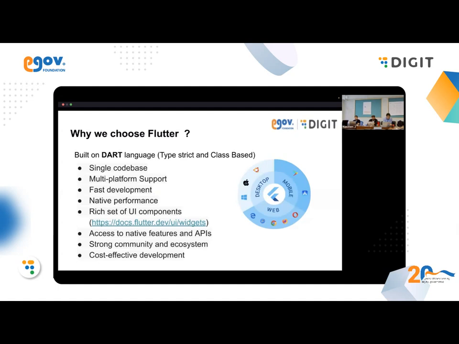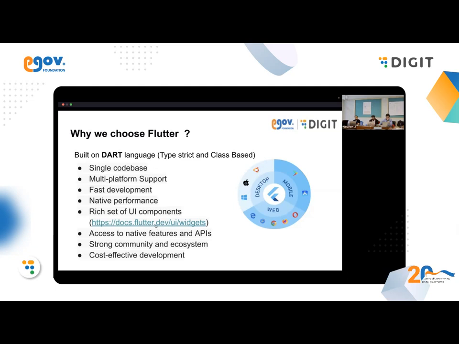And we have a predefined set of widgets. Widgets are nothing but components, you can say, with respect to web technology. We also have native support for APIs, such as camera or geolocation. That will be supported by Flutter itself. And it has a strong community base. As the development effort is less, it is cost efficient.